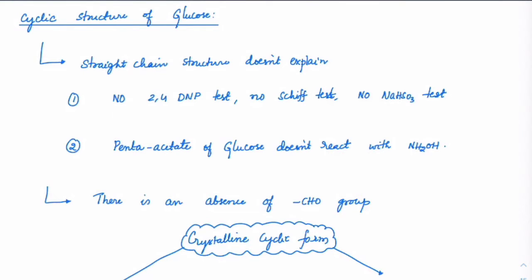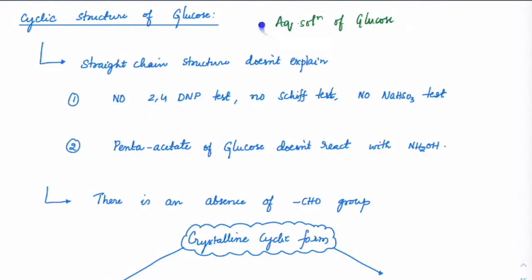See what has appeared when I take an aqueous solution of glucose. Because glucose is actually a solid, it exists in a crystalline form, okay. So to make a reaction with any reagent, first I will add some water and make it an aqueous solution.